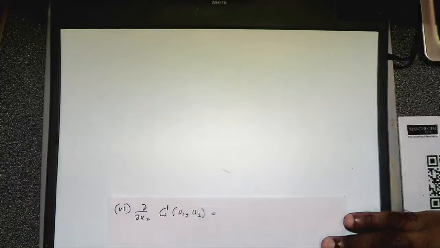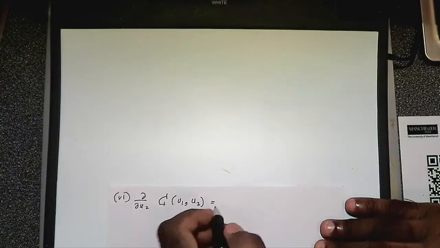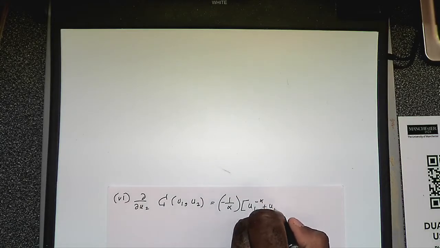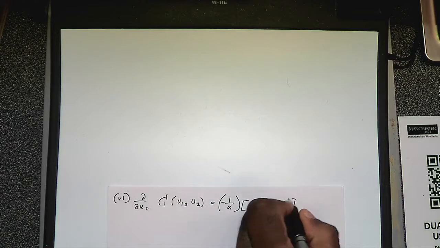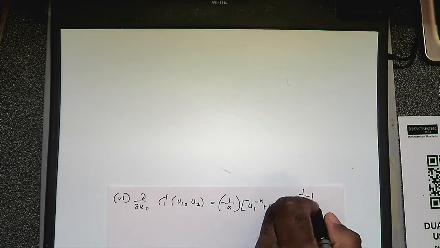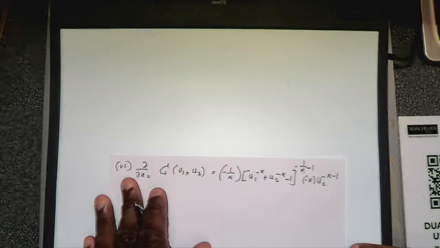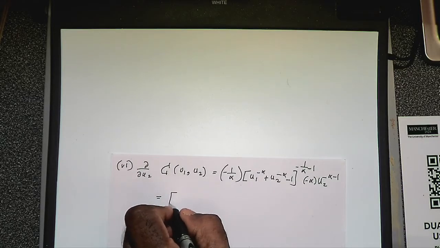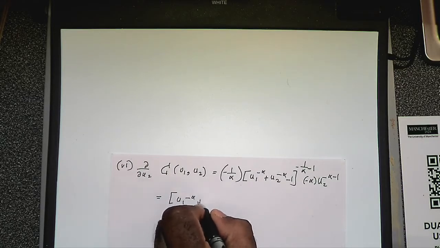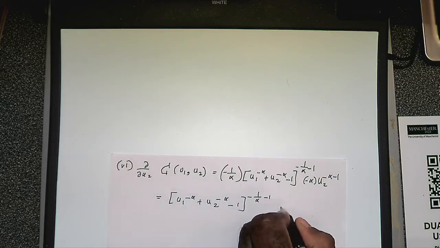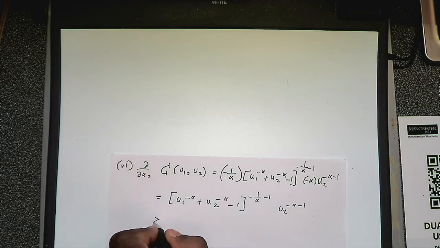So you get minus, and this is equal to this, which is clearly non-negative.